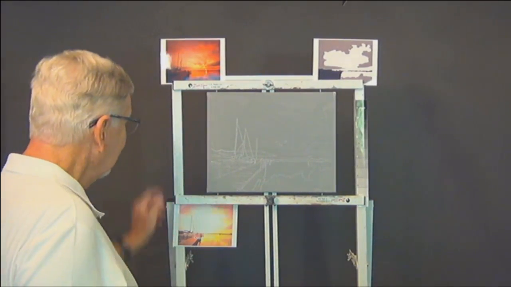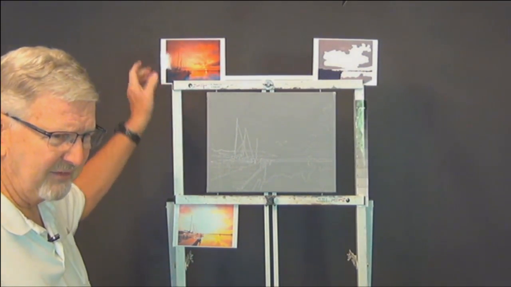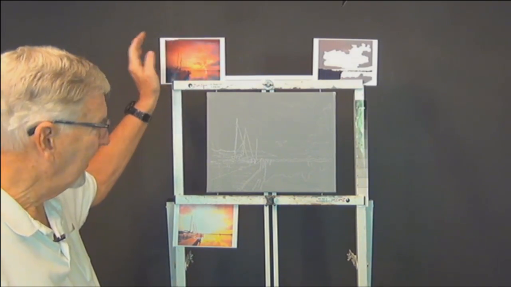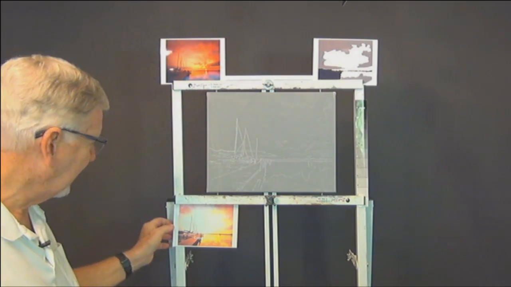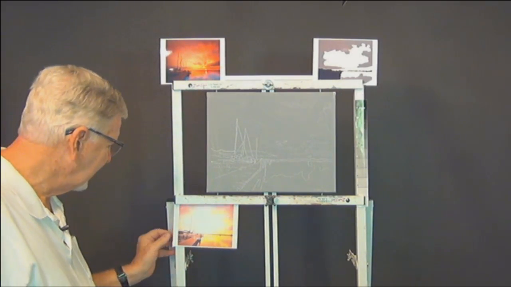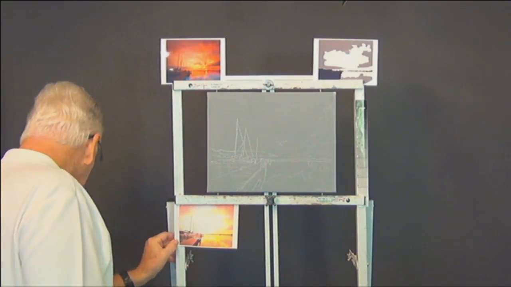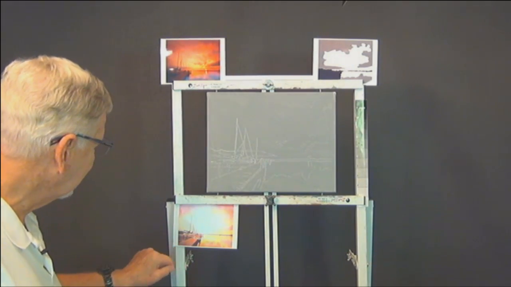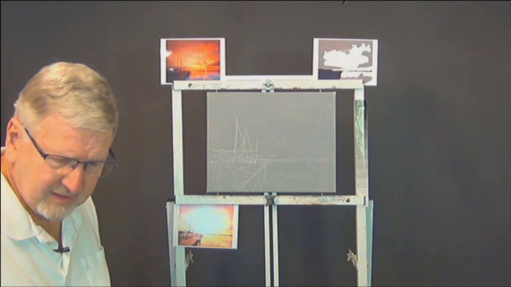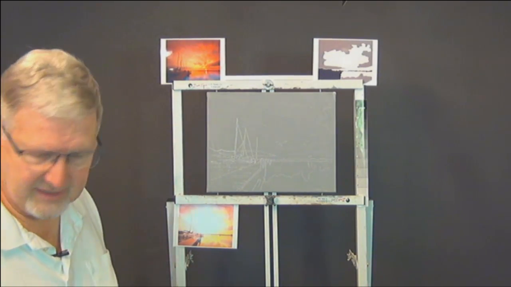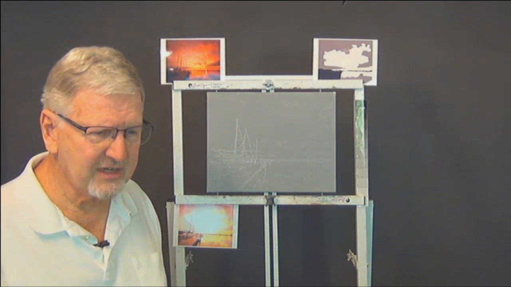So I've got my original photo up here that I showed you a second ago. I got my value map over here, and I then have my other photo that's the brightened one that actually shows the objects here in the foreground that I can use as a guide to paint, and I will show you that when I get to it. Okay, so I think that's all I want to say there.